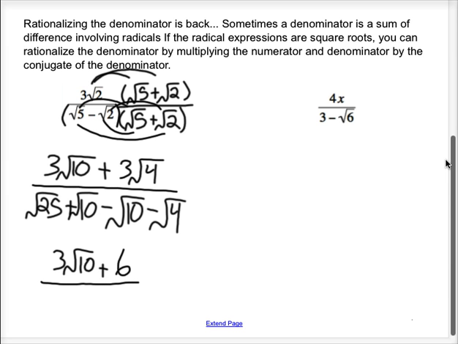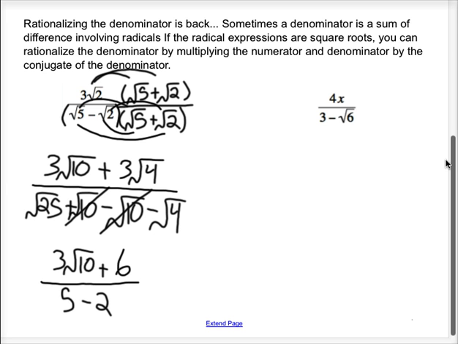Let's look at what happened to the bottom. So square root of 25 is just 5. Square root of 10 minus square root of 10. Just like we needed them to, they canceled off. Minus the square root of 4. Well, we know that the square root of 4 is just 2.